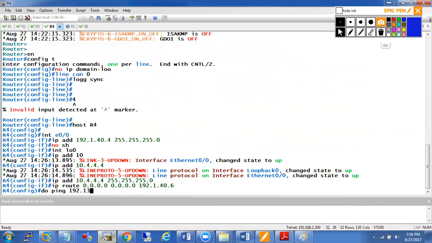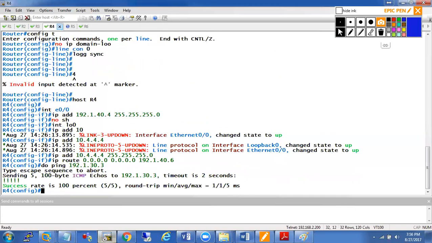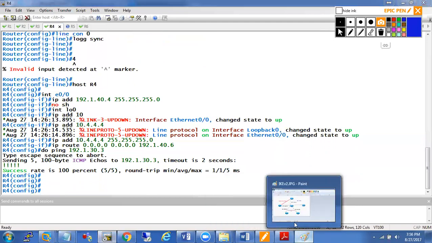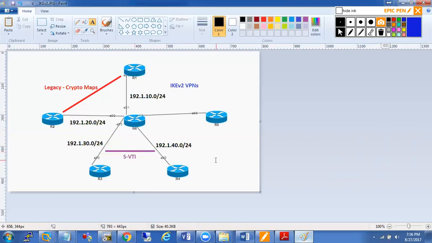I do need to make sure I can reach 30.3. There you go. So my topology is set up over here. So I can do these two VPNs that I need to set up between 1 and 2 and 3 and 4.